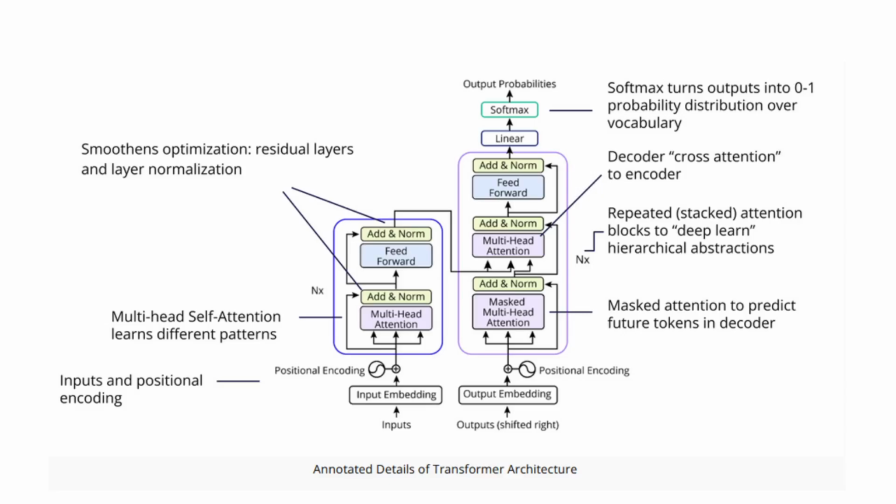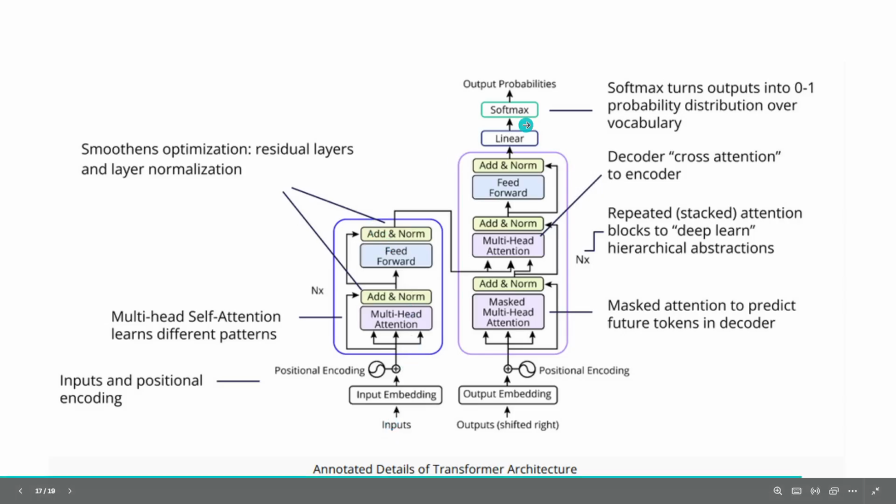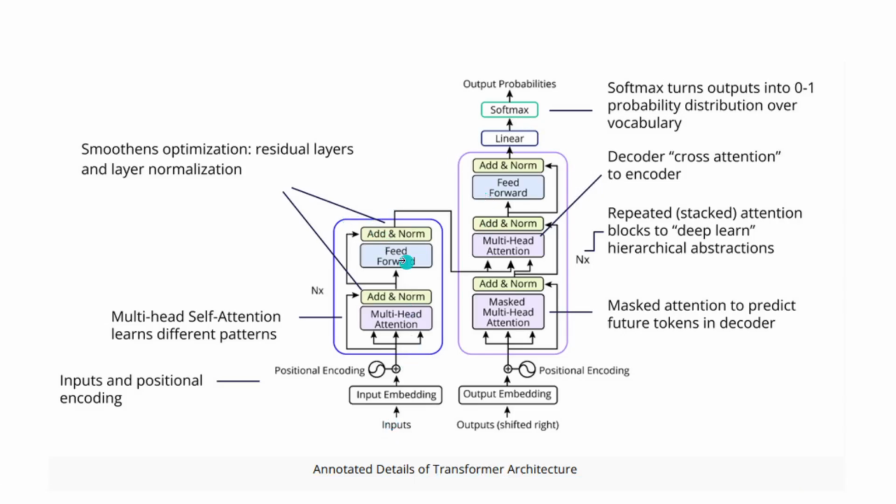This is the transformer architecture. Here you can see that it has two parts: one is the encoder, another is the decoder. We are not going to deep dive into each one and how it works. Rather, we will give a brief description.